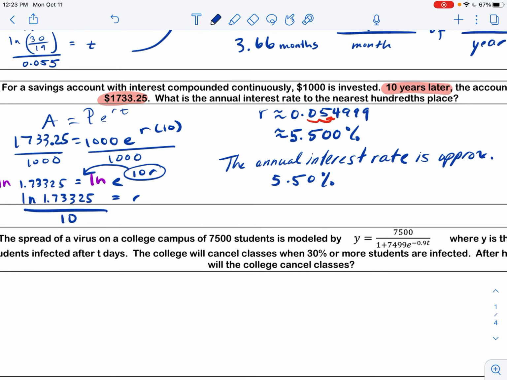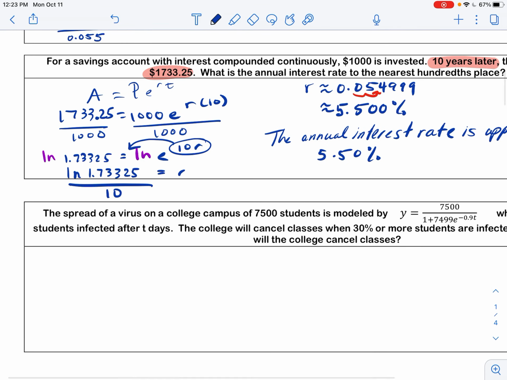So as we have done so far, let's plug in what we know. If we are talking about 7,500 students, we want to know, when is the college going to cancel classes? Well, when 30% or more of the students are infected. So what is 30% of 7,500? That's going to come out to 2,250.